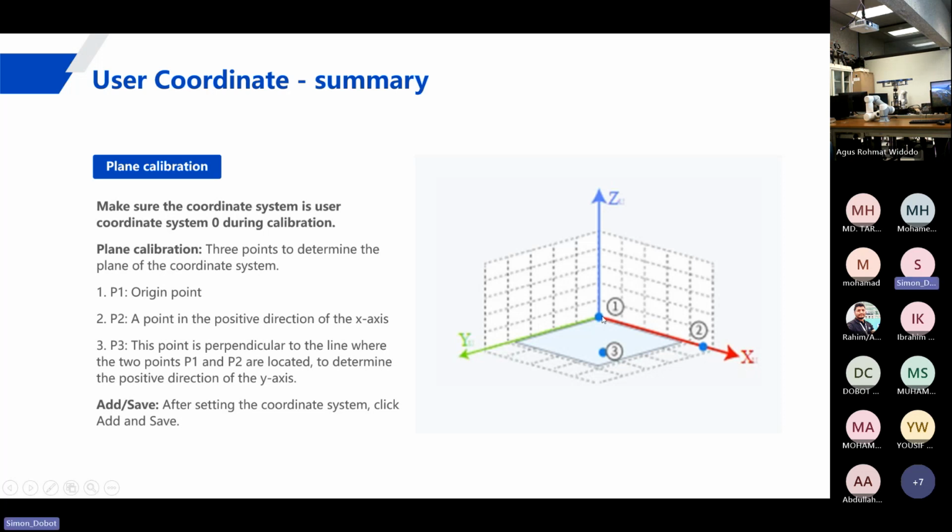So you teach point 1, and go to the X positive direction to get point 2. Then you go to the other side, either this side or that side, depending on the direction of Y positive, and you get the third point. Then the robot will calculate and create a coordinate.